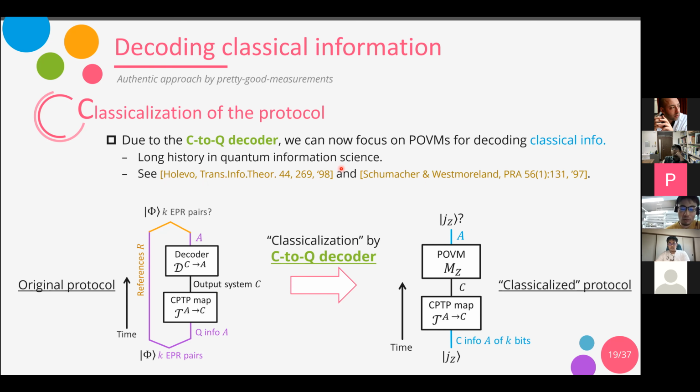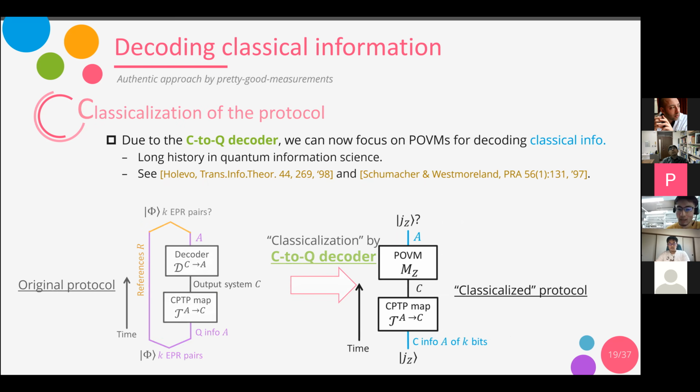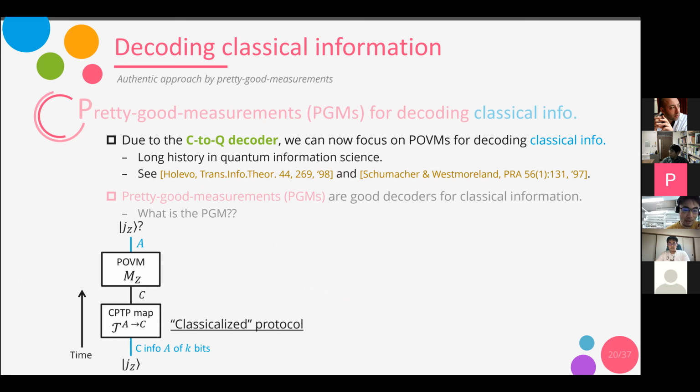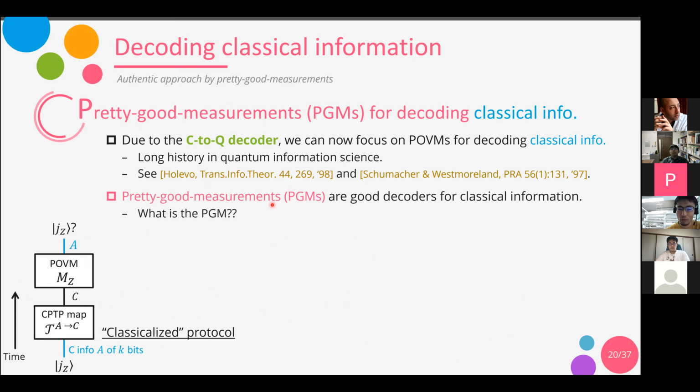So what we are going to do now is steal the ideas from these two papers and construct a decoder, or POVMs, for classical measurement. If you are from the quantum information community, maybe you know the answer: we are going to use the pretty good measurement. So now let me explain what the pretty good measurement is.